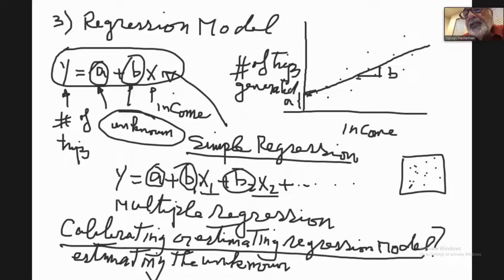Always, if they ask you this question on any model, you have to say estimating the unknown, which is A, B1, B2, and so on. Estimating these mathematically, we will do next time because it takes a little bit of time, and I will give you an example of those two.